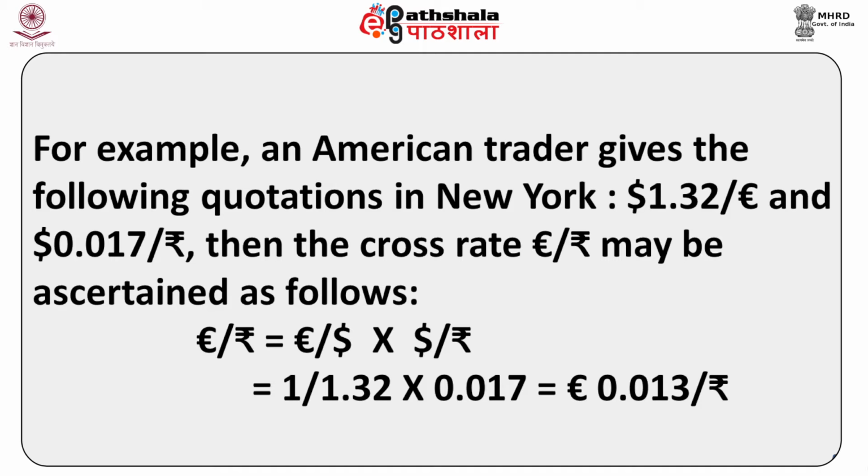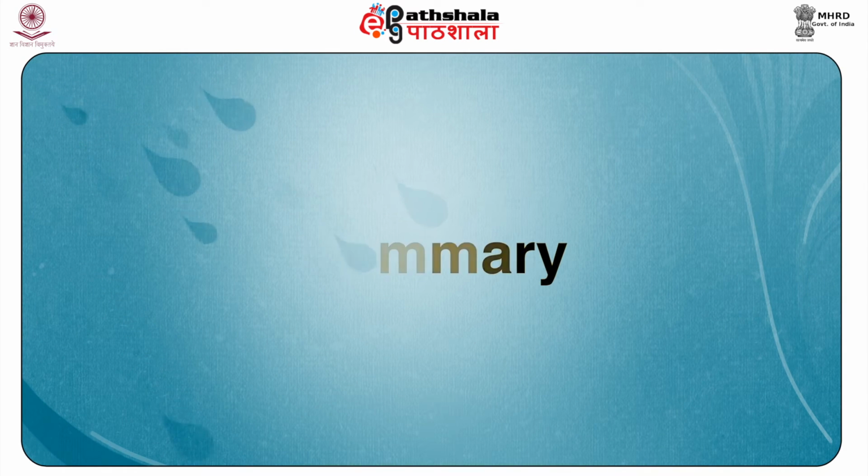Then the cross rate for euro per rupee can be ascertained as follows: euro per rupee is equal to euro per dollar multiplied by dollar per rupee, that is 1 divided by 1.32 multiplied by 0.017. So, we get euro 0.013 per Indian rupee.